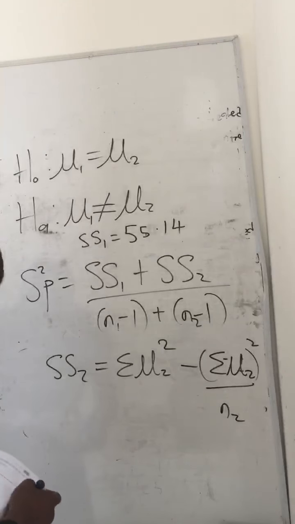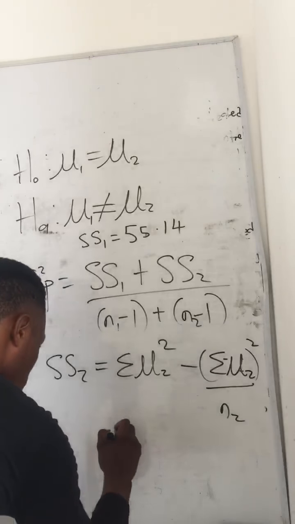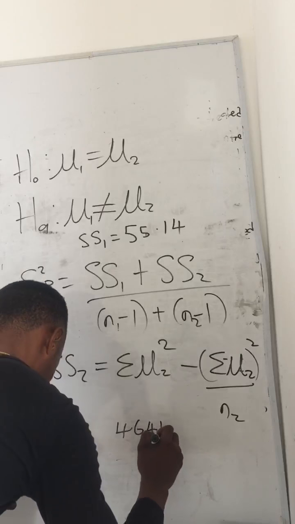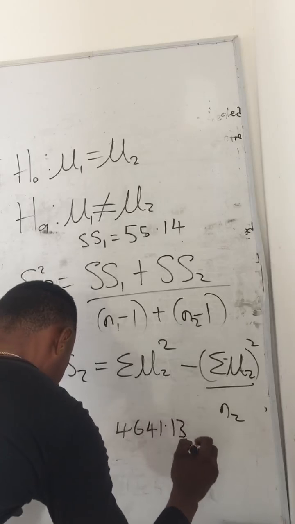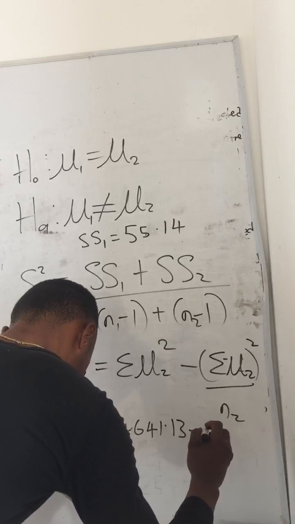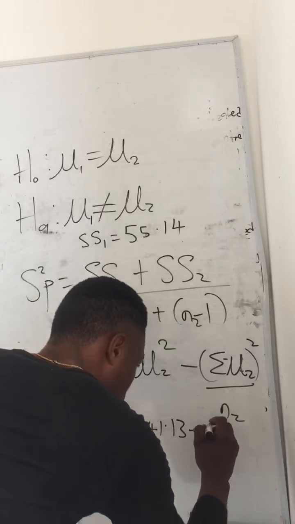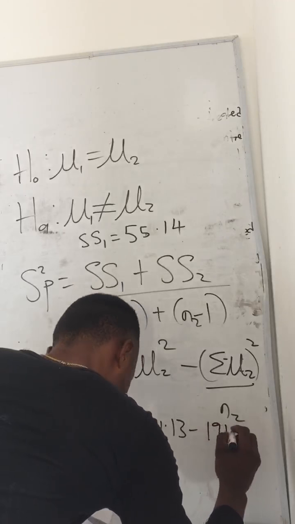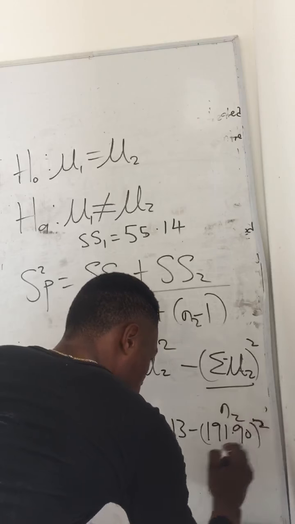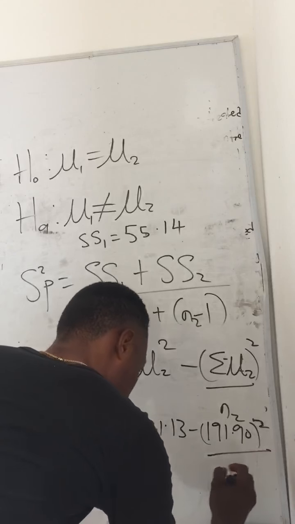If you do that, you obtain 4641.13 minus 191.90 all squared all over 8.